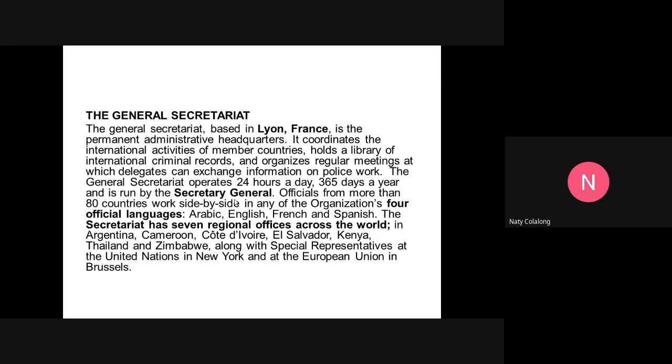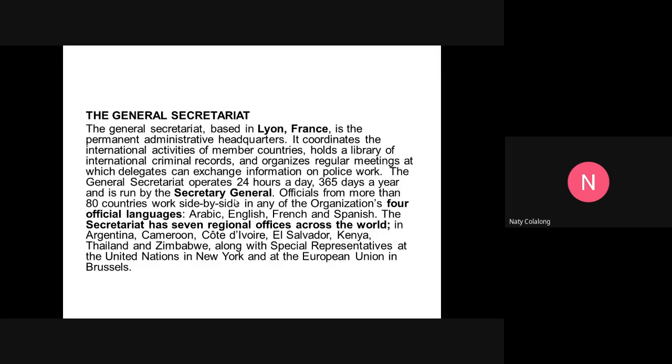The General Secretariat operates 24 hours a day, 365 days a year, and is run by the Secretary General. Officials from more than 80 countries work side by side in any of the organization's 4 official languages, which are Arabic, English, French, and Spanish.